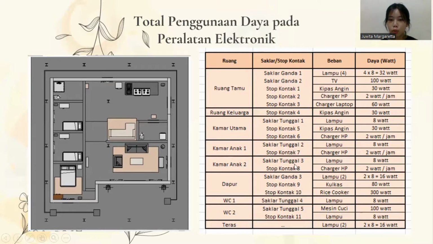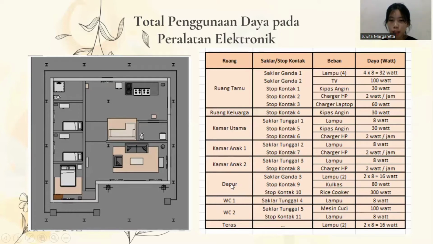I just use one electric socket and the switch, and there is a light and a phone charger. The light uses 8 watts and the phone charger uses 2 watts every hour.